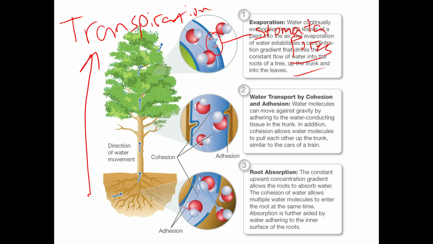When these pores open, water molecules that are in the vasculature of the leaf are going to escape. They're going to evaporate, and as they evaporate, you have this chain of water molecules that exist in the vasculature of the plant.